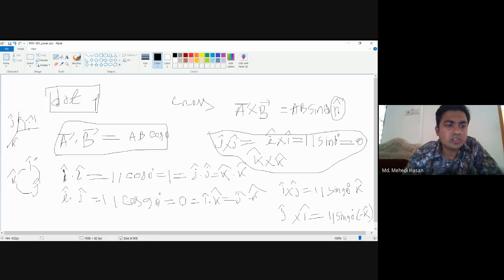But if you move in the opposite direction, i cross k is minus j, k cross j equals minus i, and j cross i equals minus k. So this is the procedure for unit vector notation.